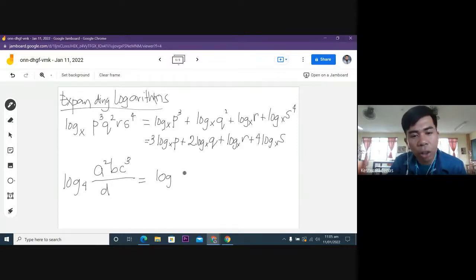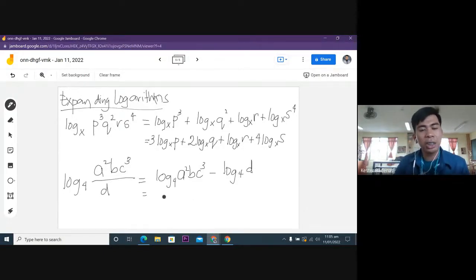So we have logarithm of a squared b c cubed with the base 4 minus logarithm of d with the base 4. O, diba? Mas madali gawa. Ngayon, class, isunod natin yung product. Quotient muna ha, bago product. Enclose natin sa parentheses to. Kasi nga, maghahaba ito siya. Parang madi-disassemble sila.